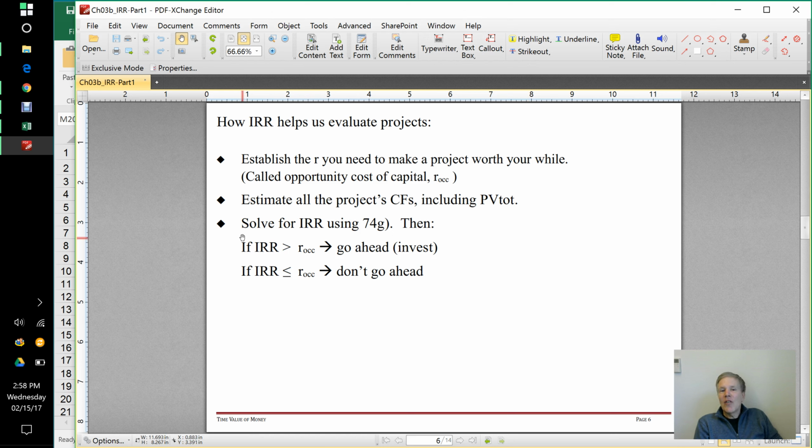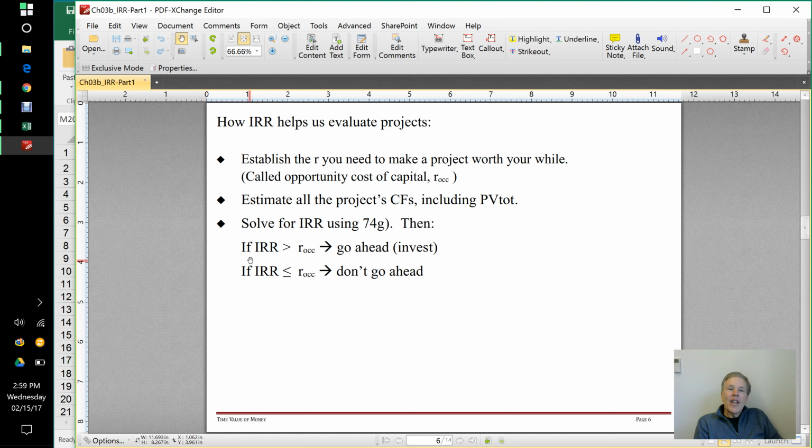And then we're just going to use that internal rate of return equation, 74G, to solve for the internal rate of return. And we'll probably often use goal-seek to help us with this.